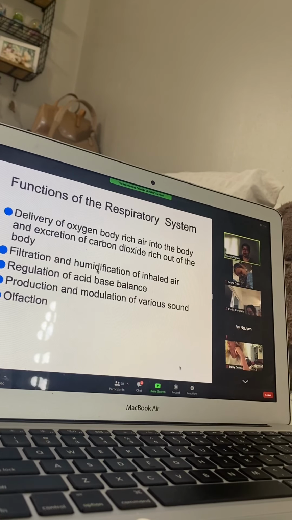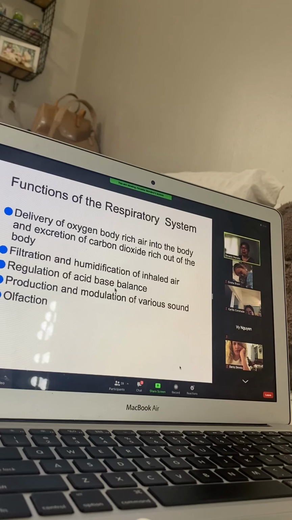So filtration and humidification starts in the nose with the cilia, the hair cells, and the mucous membrane producing mucus. You also have mucus secretions and cilia in your throat. Those cilia are present, but for smokers, those cilia are destroyed.